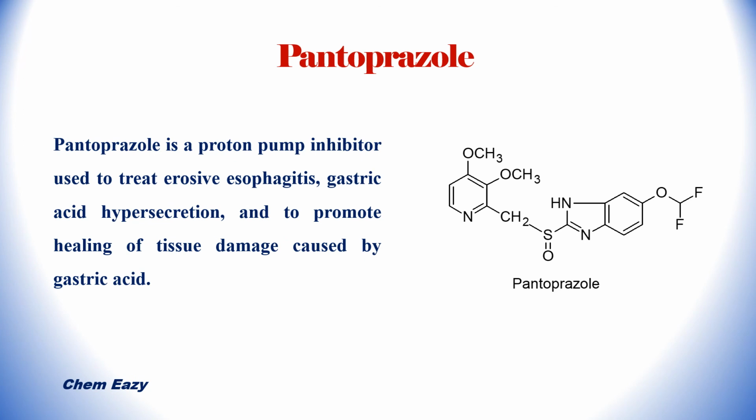Another important drug is pantoprazole. This is the structure of pantoprazole, which consists of a pyridine ring here. Pantoprazole is a proton pump inhibitor used to treat erosive esophagitis, gastric acid hypersecretion, and to promote healing of tissue damage caused by gastric acid.